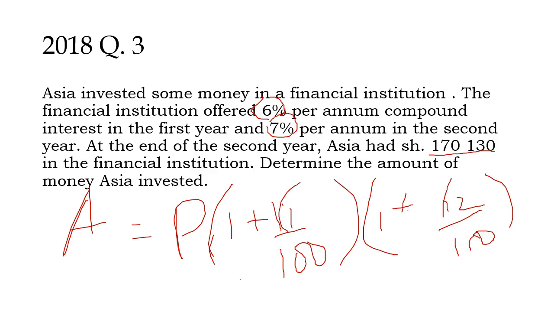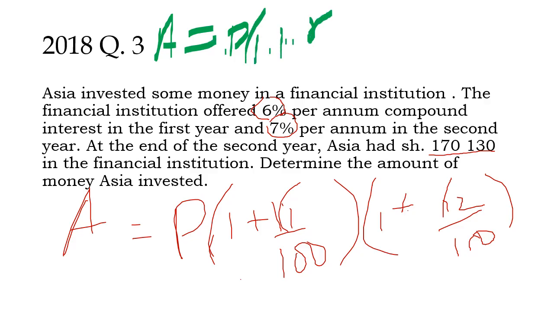we say the amount in the first year will be equivalent to the principal into 1 plus the rate over 100, but now the period is 1 year. Then here we'll get that amount. This amount will be our new principal in the next year.